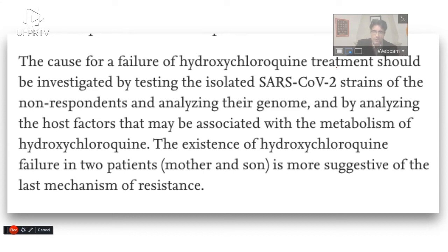But they do use the word "suggestive." To their credit, they say that the failure in 2 patients that didn't respond to the hydrochloric treatment is more suggestive, but not for sure, not certain, that it was a genetic association.